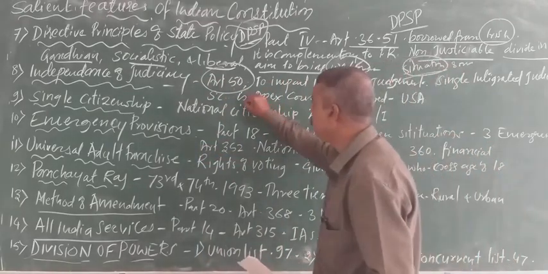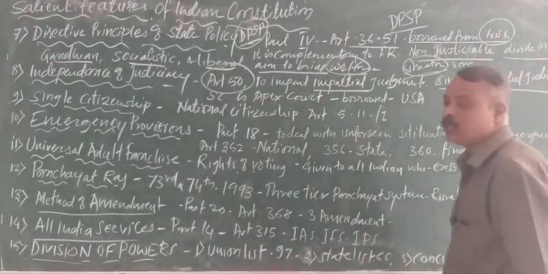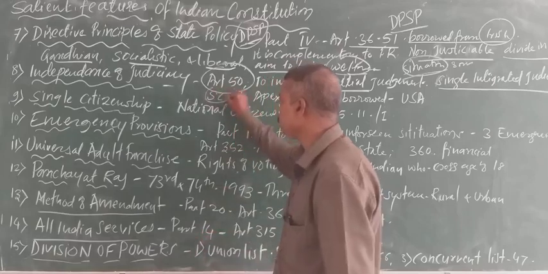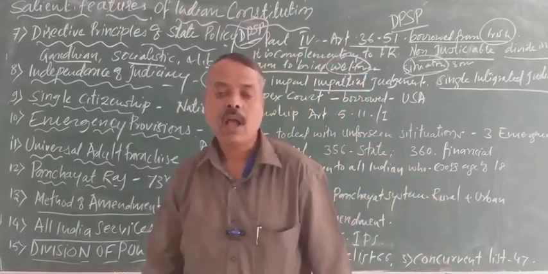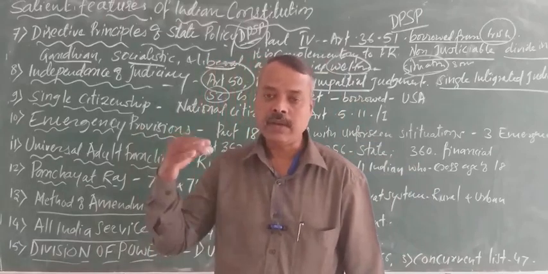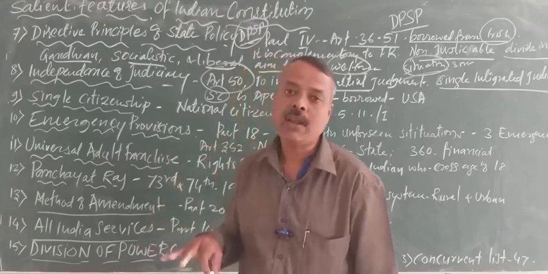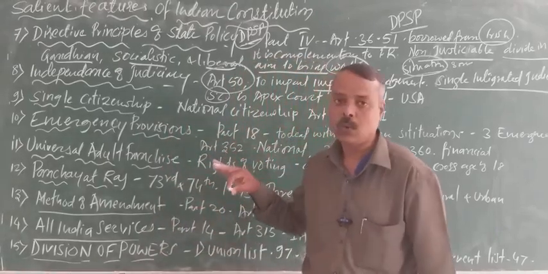Here we have a single integrated judicial system. Single integrated means Supreme Court is the apex court, the highest court in the center. High Court is the second court in every state, and then at district level or at the local, taluka level, there are other lower courts.